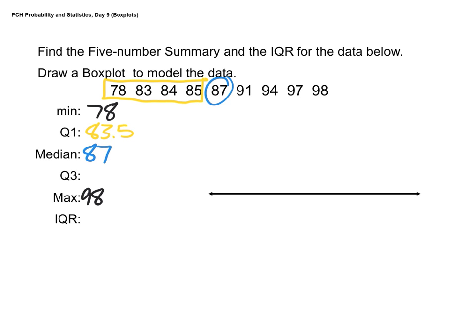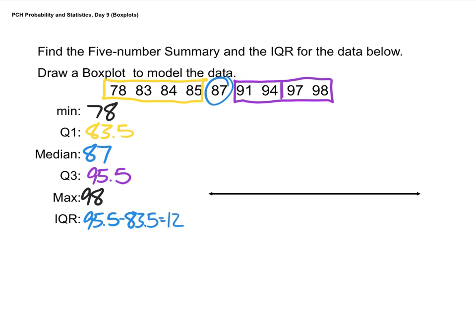And Q3 is going to be halfway between the 94 and the 97, so that is 95.5. So the IQR, how are you finding this? Q3 minus Q1. Good. 95.5 minus 83.5, and that's 12. And notice we figured all that out.